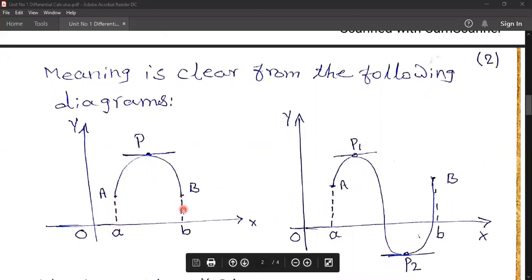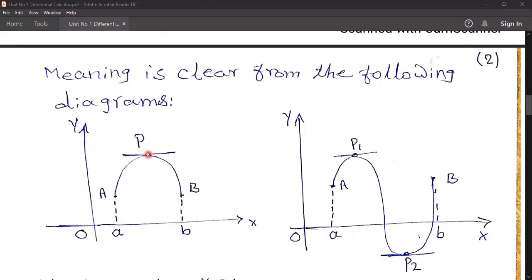So between A and B, there exists at least one point P such that f dash of x is equal to 0. That becomes a tangent line parallel to the x-axis at this point.